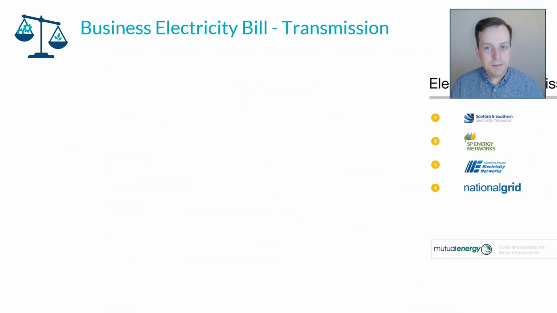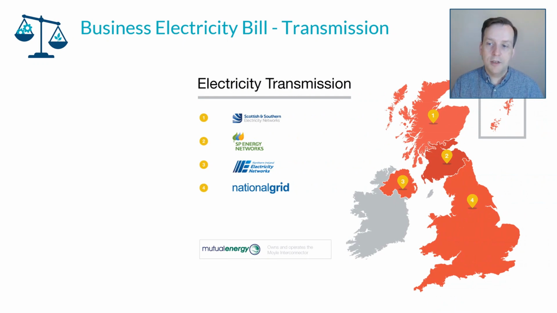For the transmission system, as mentioned before, National Grid actually has oversight of the entire British grid in terms of energy dispatch, but on an operational level, in Scotland we also have Scottish and Southern and Scottish Power Energy Networks that look after the operation of the transmission system.